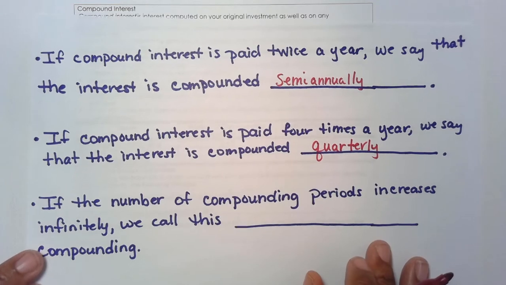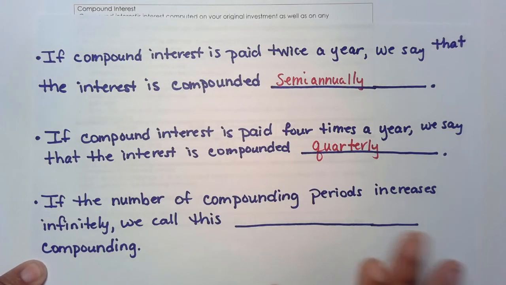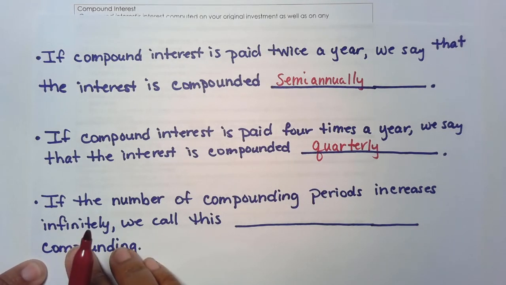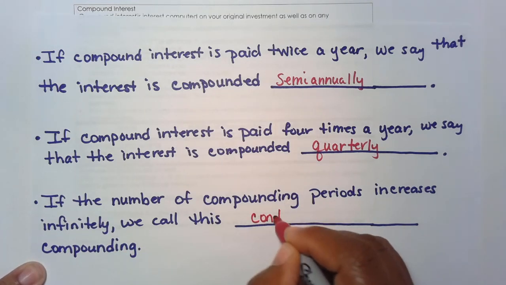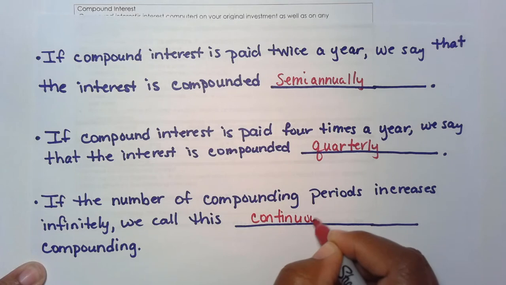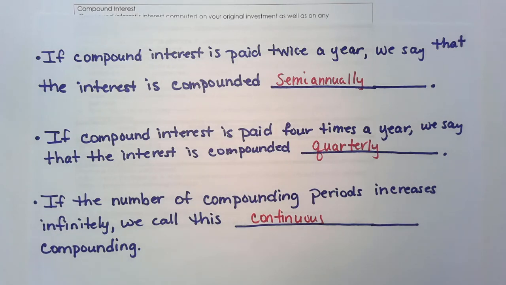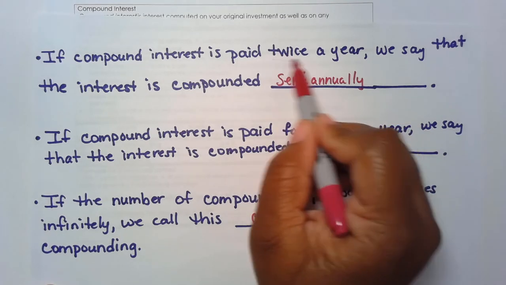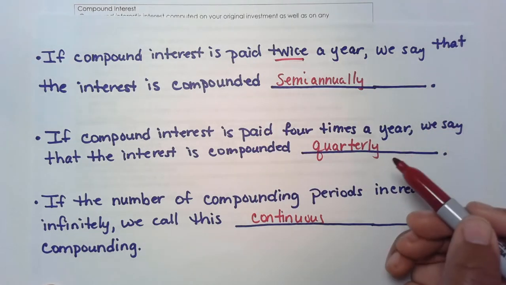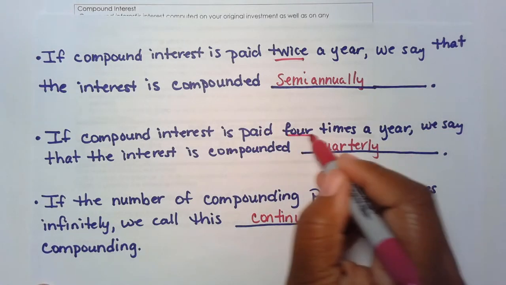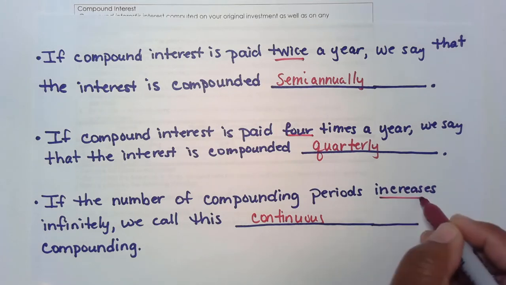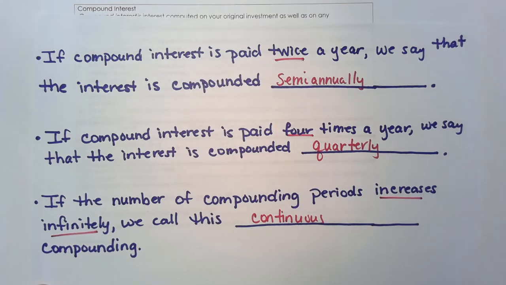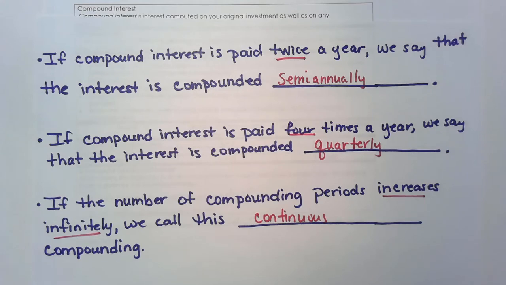And lastly, if the number of compounding periods increases infinitely, we call this continuous compounding. So twice a year, semi-annually, 4 times a year, quarterly, compounding periods increases infinitely, we call that continuous compounding.